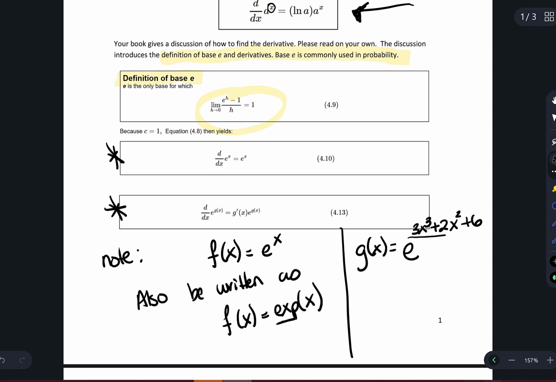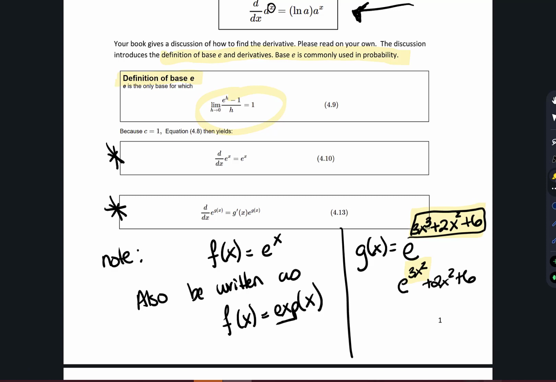When we've got pretty long functions in the exponent, especially when we're writing these by hand, if our handwriting isn't really clear, it may be hard to distinguish this from, let's say, e to the 3x squared plus 2x squared plus 6. And so notice, in the first case, the function we actually want, all of this is in the exponent, whereas in the second one, only this piece is in the exponent. So just using handwriting, it can get a little sloppy if we're not really careful to make sure everything's elevated.